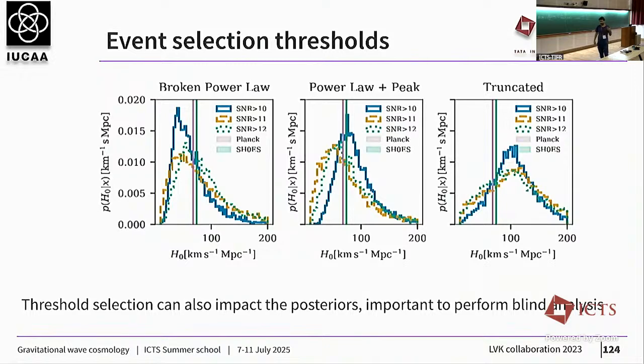And some of these things you may not personally want to do, but this sometimes happens subconsciously as well, these kind of choices. And so one has to guard against that. And so blind analysis is something that has to, I think until now, LVK is not doing a blind analysis. It does not matter really because the error bars are quite large for the moment. But once we start to push in the few percent regime, then I think this will become extremely important.